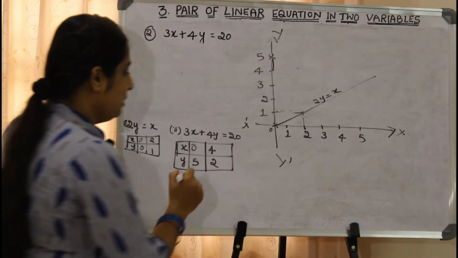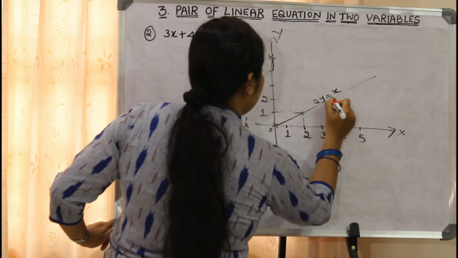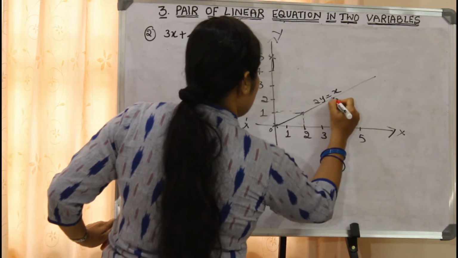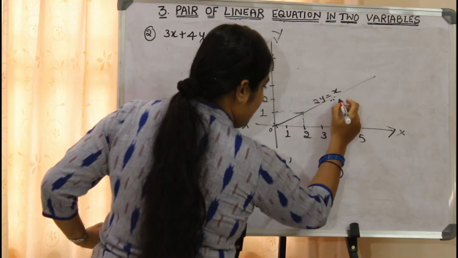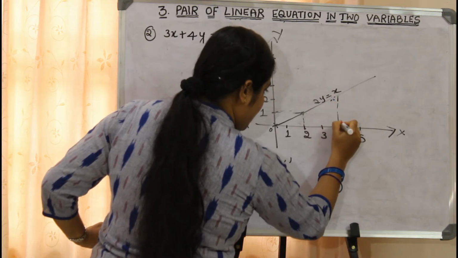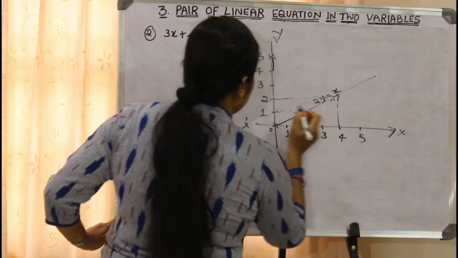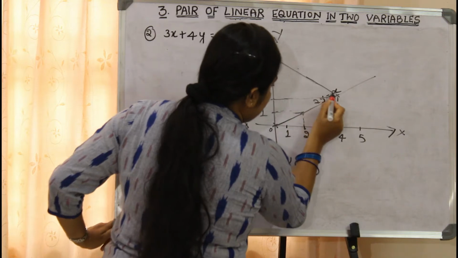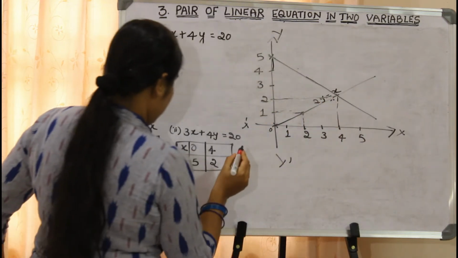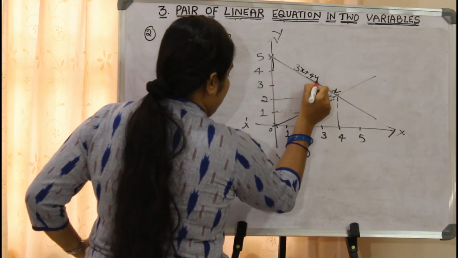And the second one is when x is 4, y is 2. So this is the second one.